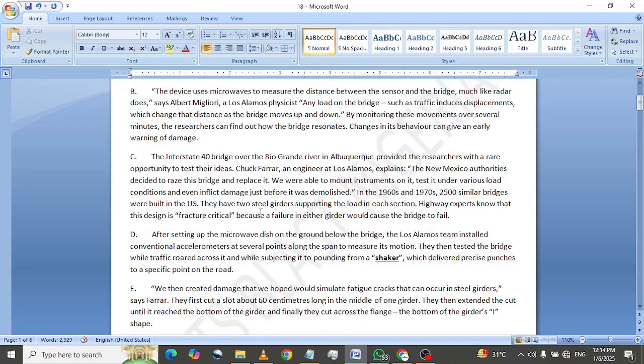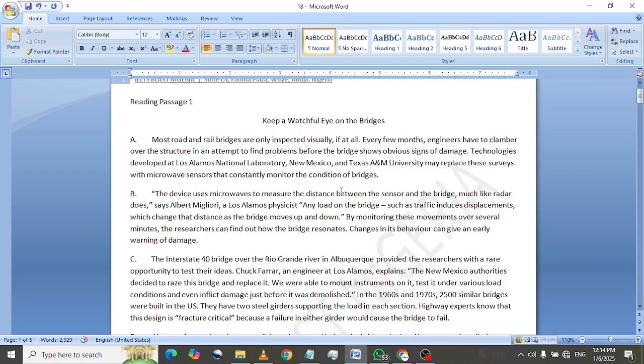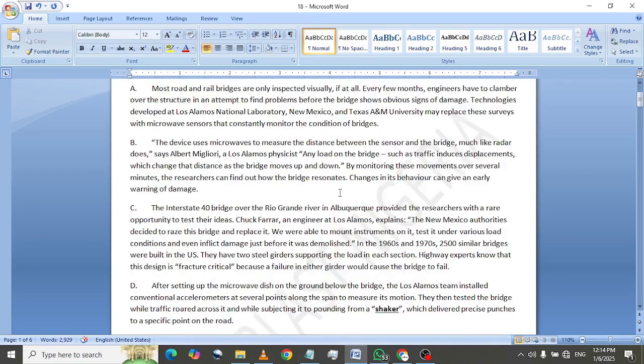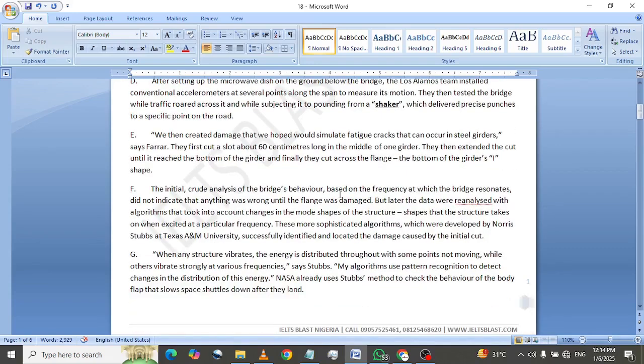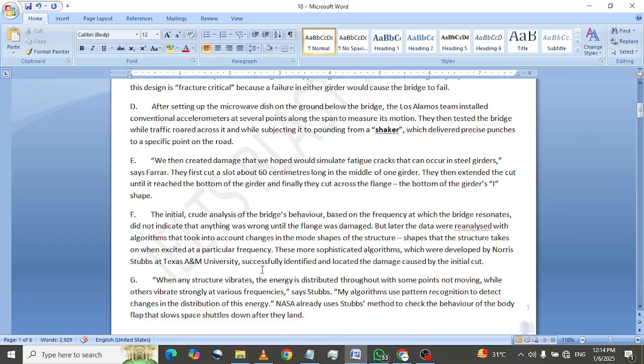Sometimes when you see a keyword like that, just go straight to that particular paragraph and read. In most cases, you will get the answer. I thought I saw something in line with frequency.